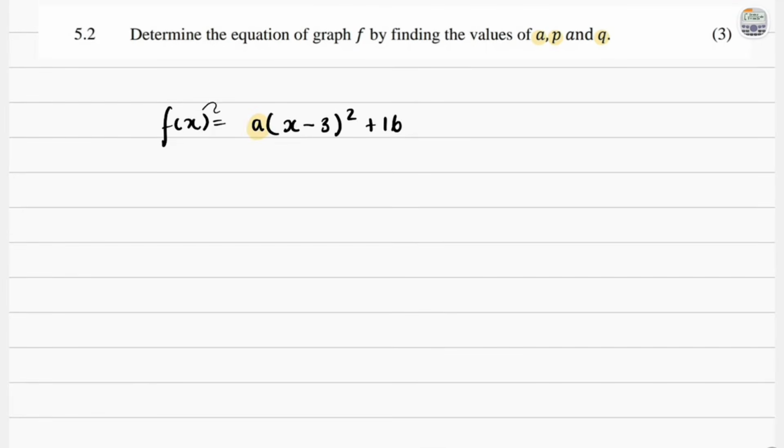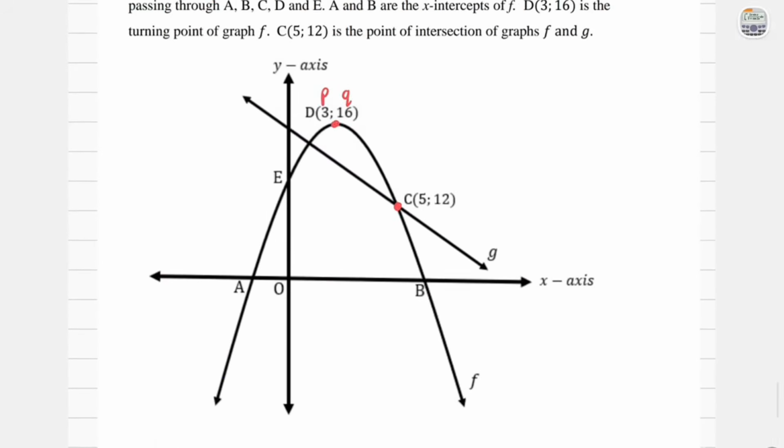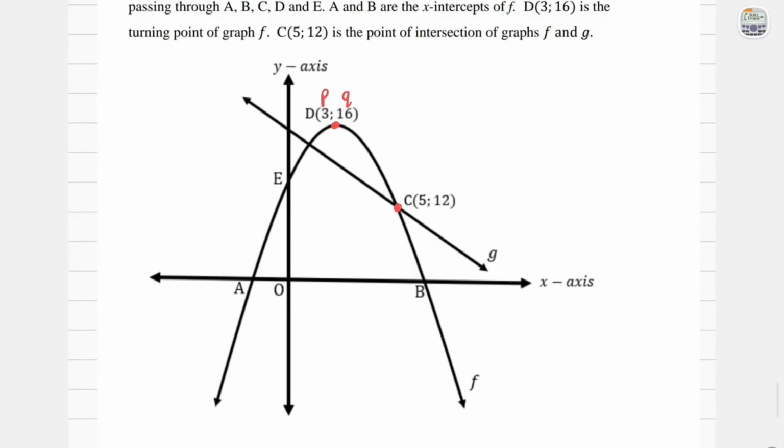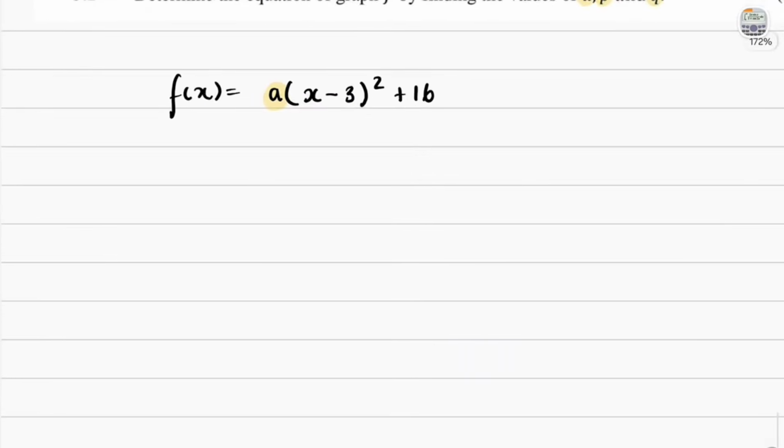So if we can find one point to put in place of y and x, those coordinates, then we can find the value of a. So we just need 1 point on the graph of f. So look at the graph of f. Do we have a point? Yes, we do. We have 5 and 12. So you see this is going in the same flow as the previous question, question 4.